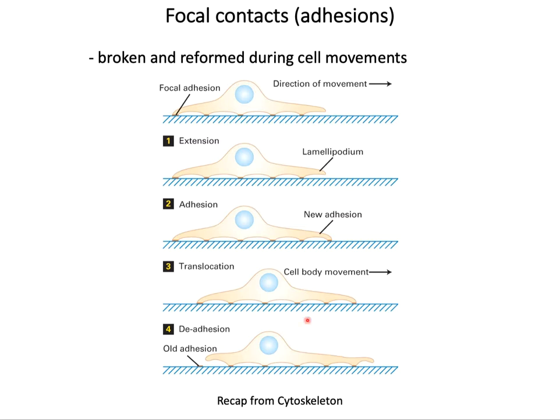And then you get the de-adhesion at the back of the cell, so that is when the cell is breaking these focal contacts, and it's very interesting that the cells can actually regulate these interactions such as focal adhesion. And again, in the second part of this discussion, we're going to talk about the molecular mechanism of the formation and breaking of these contacts.